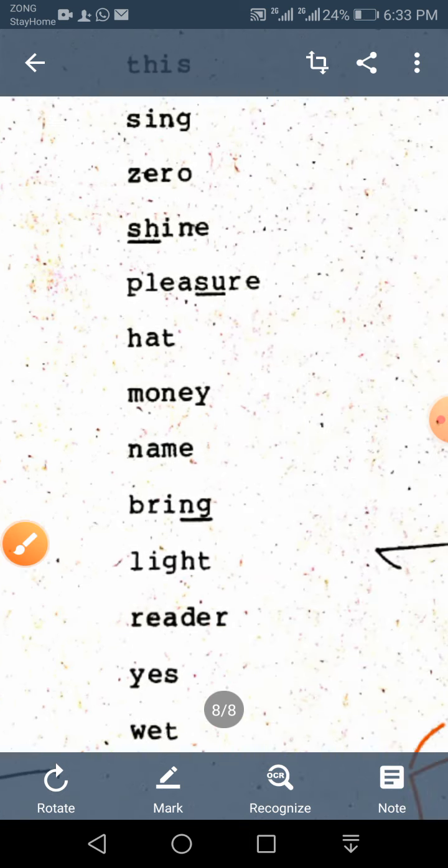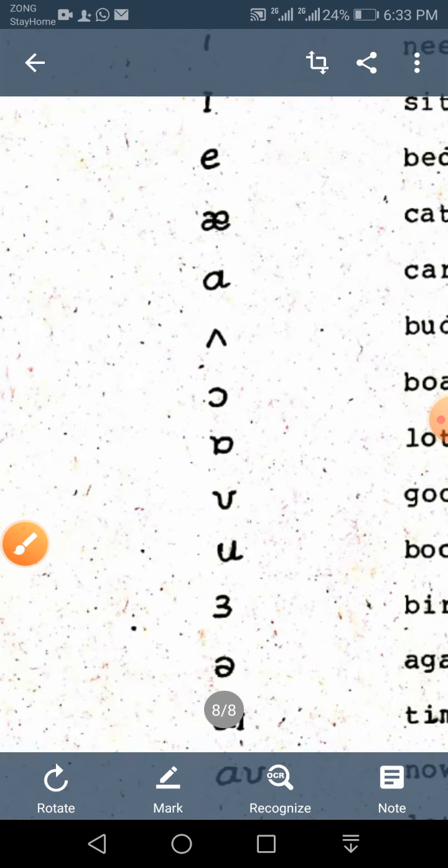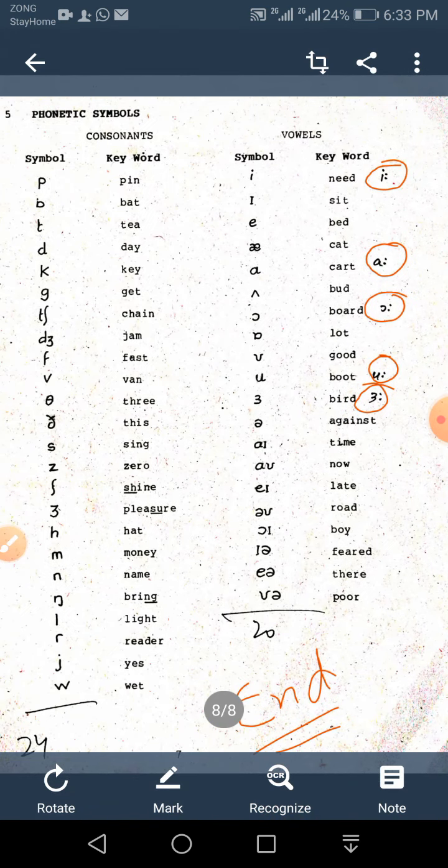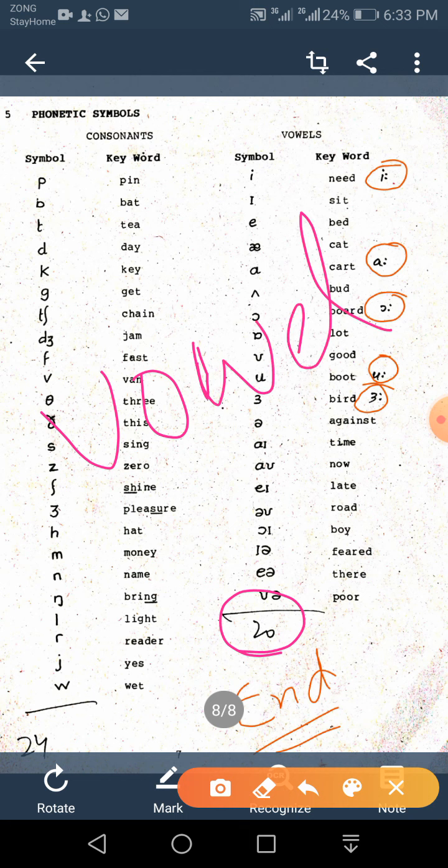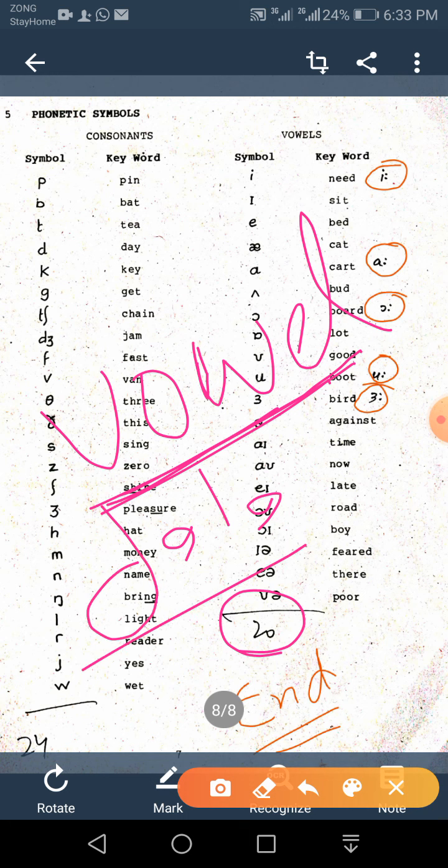So here we have a list of these, what should I say, 20 vowel sounds. Now this word, vowel, is pronounced as vowel. In Urdu, students usually pronounce it differently.